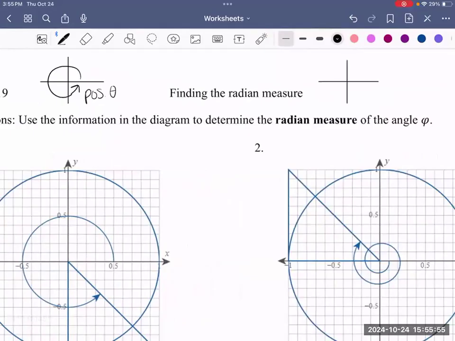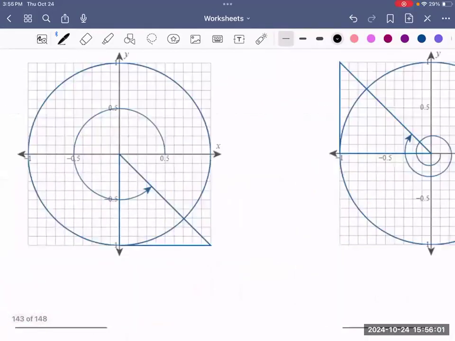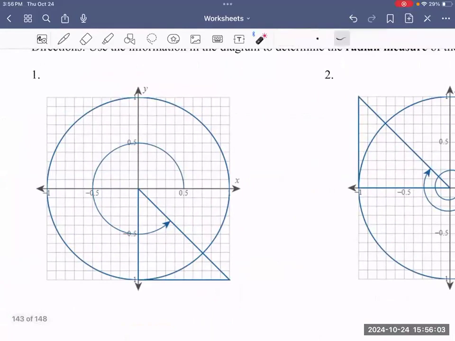If it is going clockwise, it's a negative angle. So here we have a counterclockwise motion, so in our case, we will be dealing with a positive angle. So our angle right here, we want to figure out how much of this do we have.